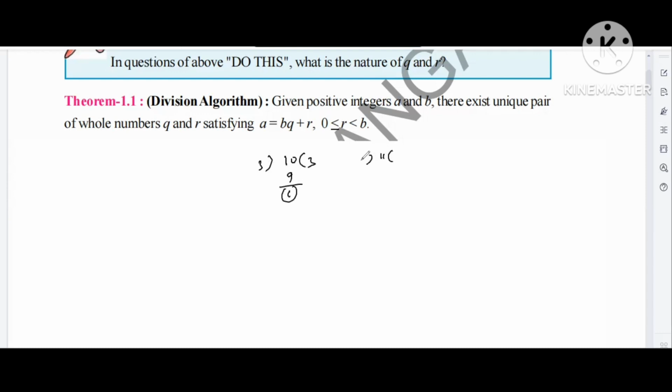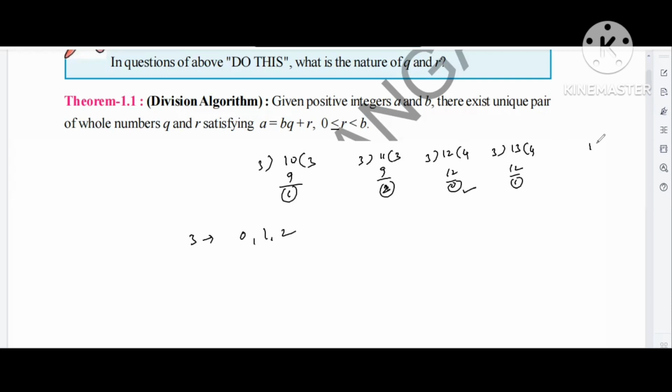If I take 11, 3 3s are 9. Remainder is 2. And if you take 12, 3 4s are 12. Remainder is 0. 13, 3 4s are 12. Remainder is 1. Means, when you're dividing with 3, we get remainders 0, 1, and 2.